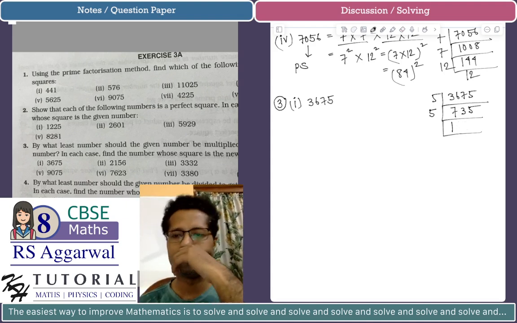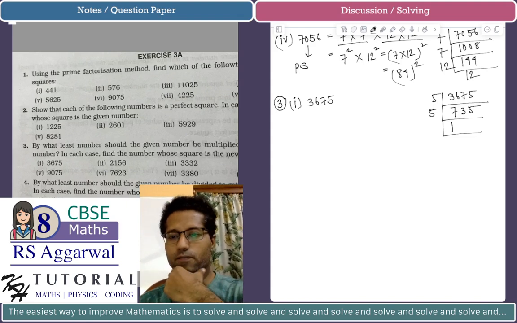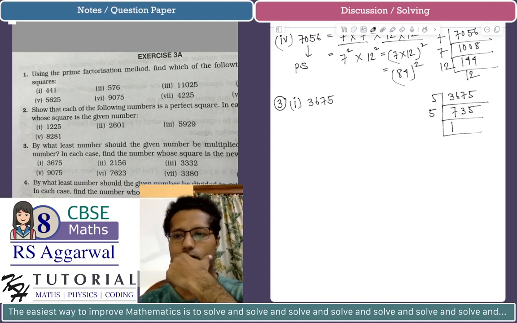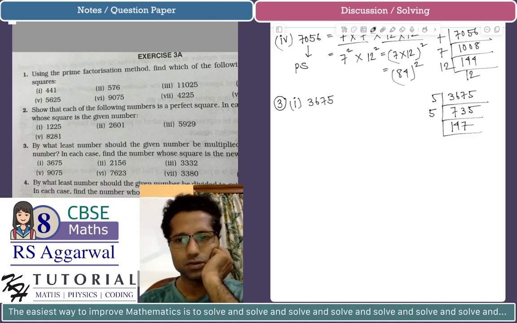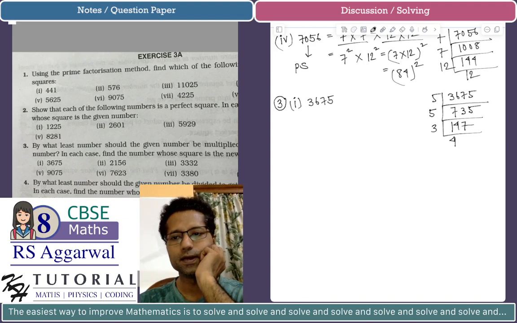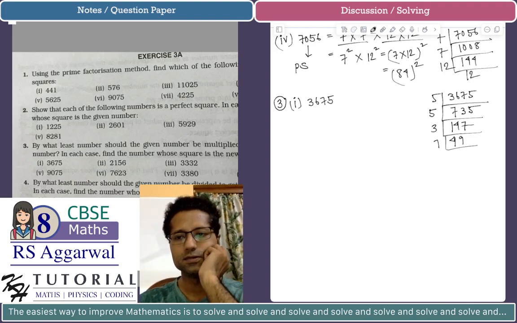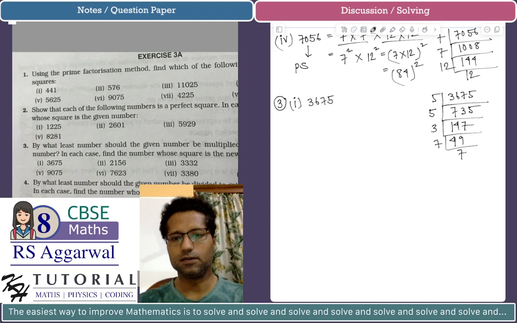Let me check once again. I'm very prone to making silly mistakes. Okay, so 5, 7, 35, 3, 15, 25. Now this will divide by 3, 4, 12, 9, and this we know is 7 into 7. So we can see that 3675 is 5 into 5 into 3 into 7 into 7.